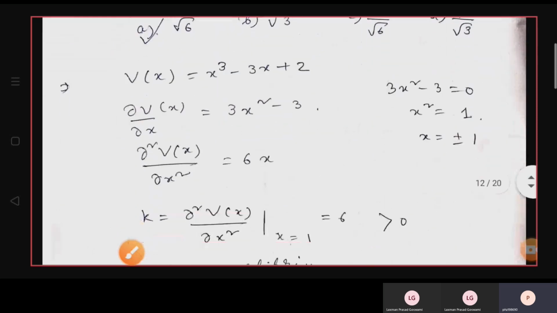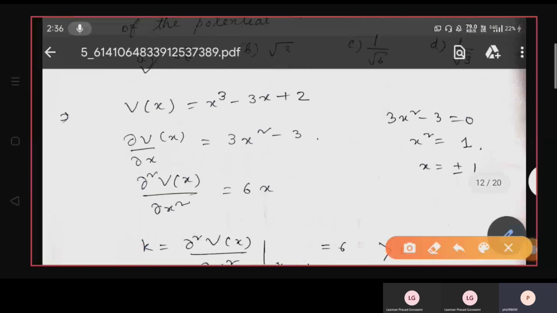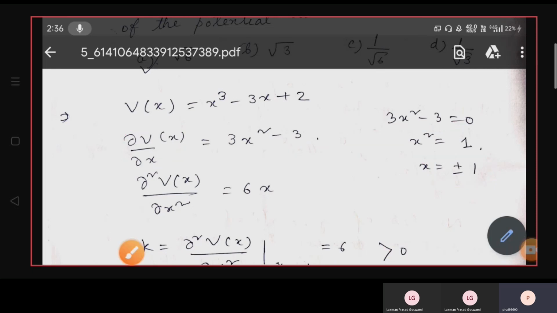The potential has been given as x cubed minus 3x plus 2. To find the maxima or minima, first we have to find the points, so we need the first order derivative, dV/dx. It becomes 3x squared minus 3. I make the first order derivative equal to 0 to find the points of maxima and minima. So 3x squared minus 3 equals 0, and x becomes plus or minus 1.